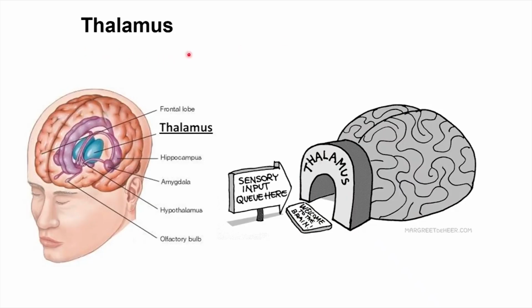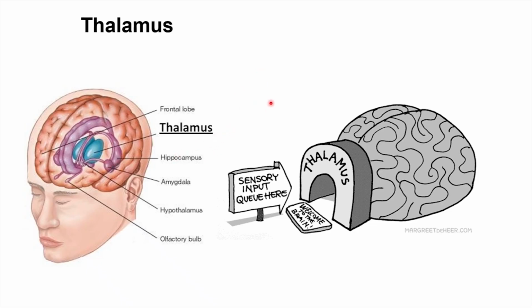The first one is thalamus. And the thalamus again are shown in blue here. They are in the middle of the brain, near the midline. And these structures are known as the relay center in the brain because all of the sensory input that is coming into the brain from various sensory organs passes through thalamus.